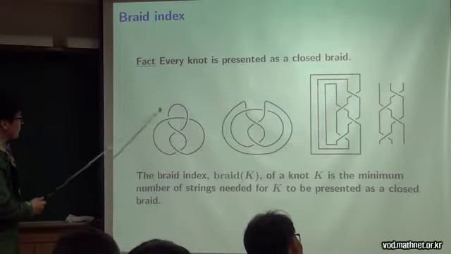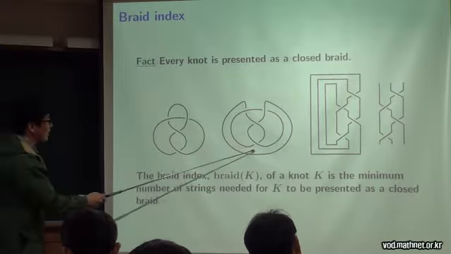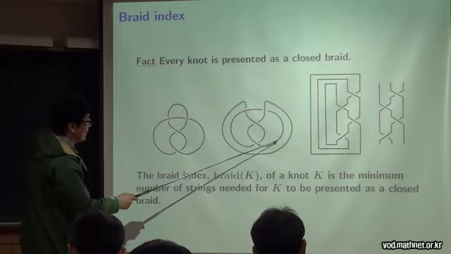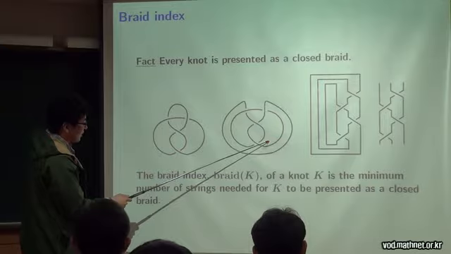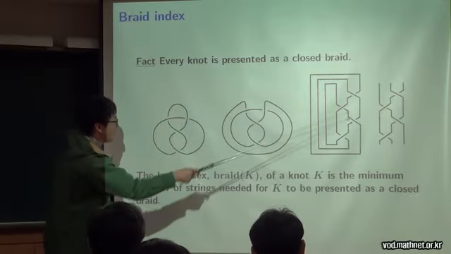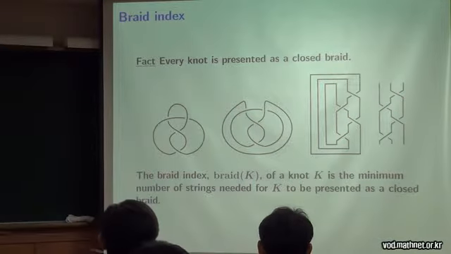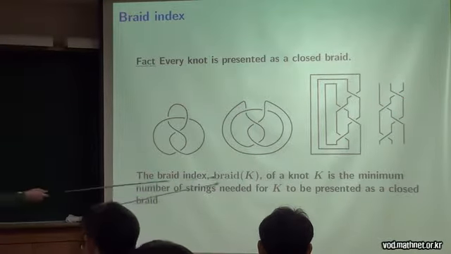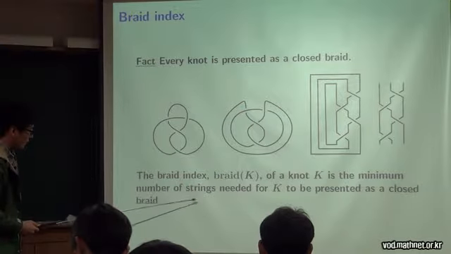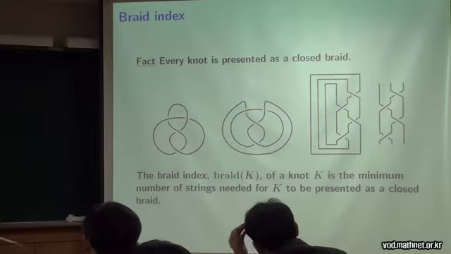For example, we can deform the figure 8 knot like this, and we can see that the figure 8 knot has this braid presentation. The braid index of a knot K is the minimum number of strings needed for K to be presented as a closed braid.